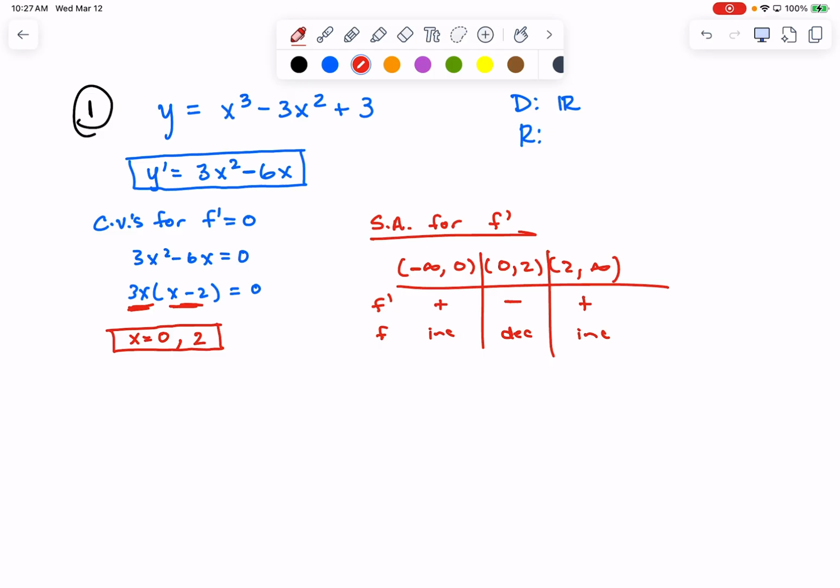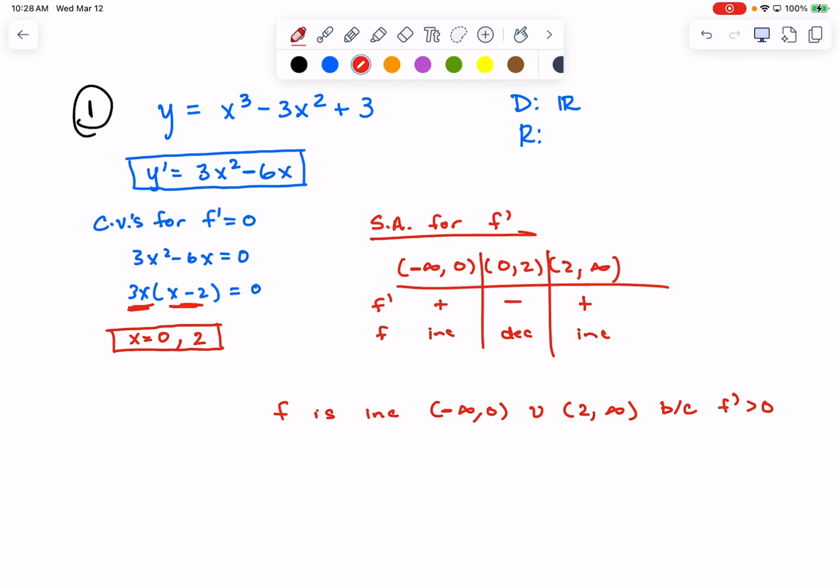Now, you're going to write your final answer. Here we go. You're going to say f is increasing. And then this is what we'll block off. F is increasing from what? Negative infinity to 0, union, 2 to infinity, because f prime is positive, greater than 0.